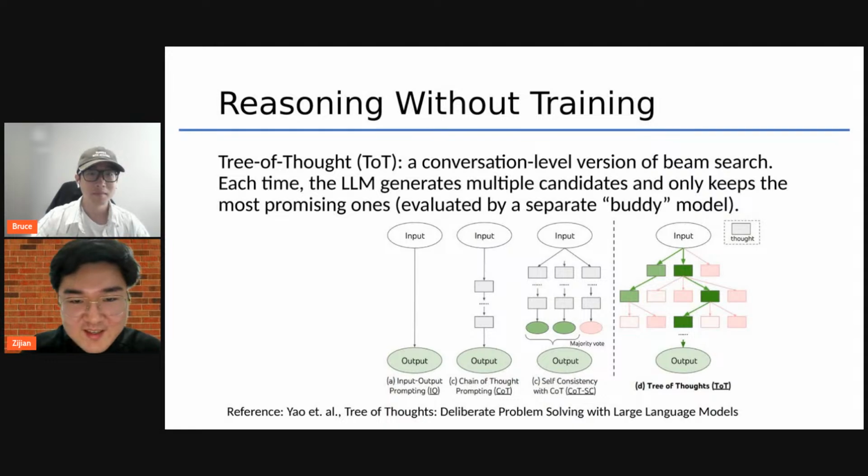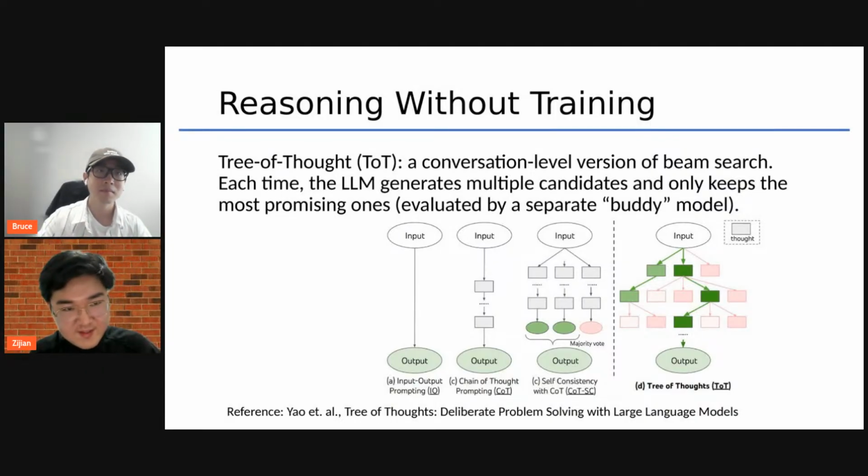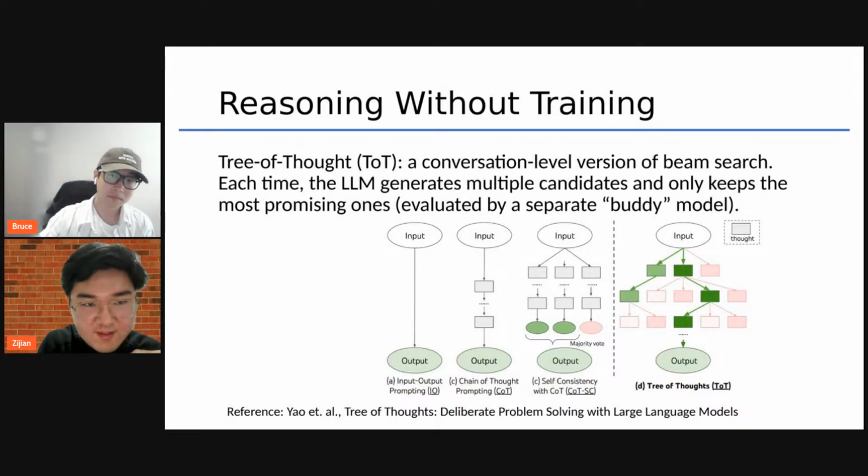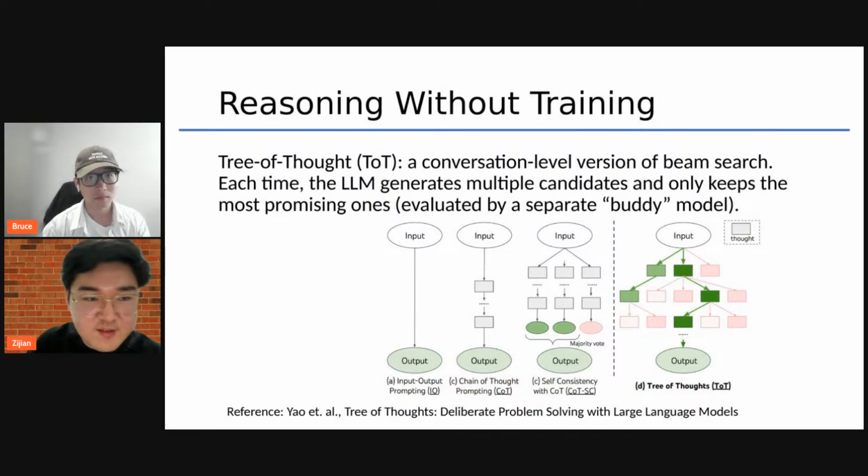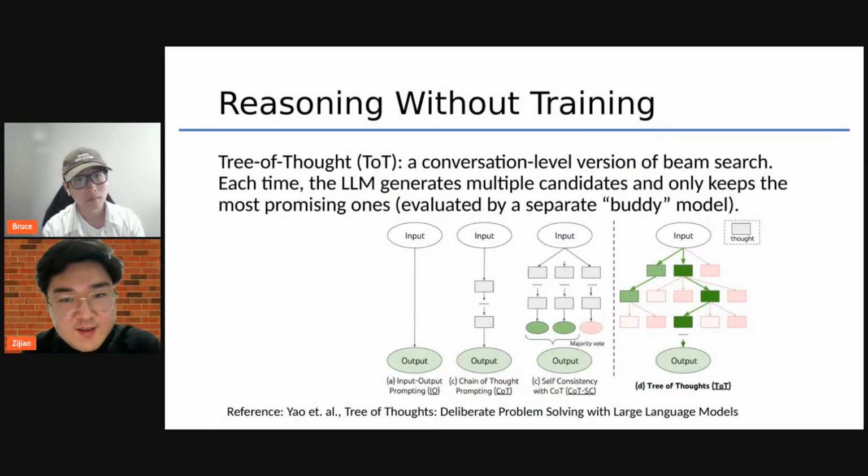So instead of just generating multiple and seeing which ones agree with each other, they generate the thoughts in a tree manner. So I generate a tree of thoughts, and I trim out some of the thoughts that are most unlikely to be the correct answer, and I keep generating more branches of this tree until I arrive at the final correct answer.